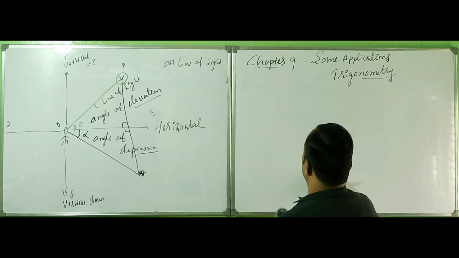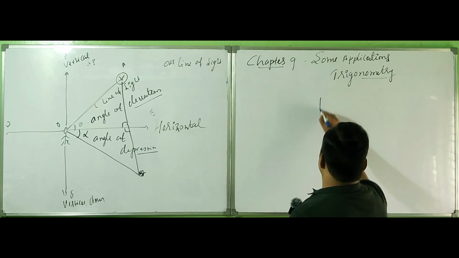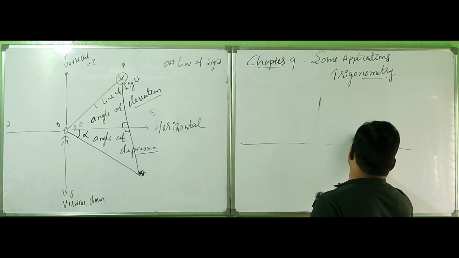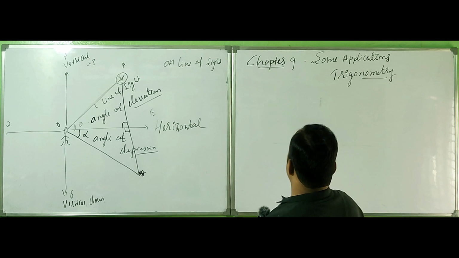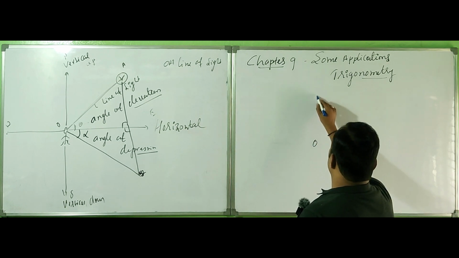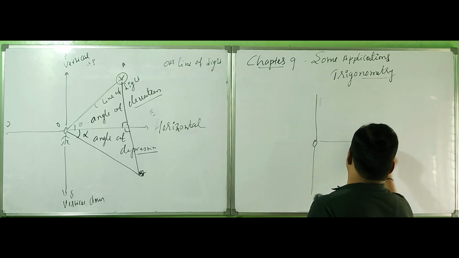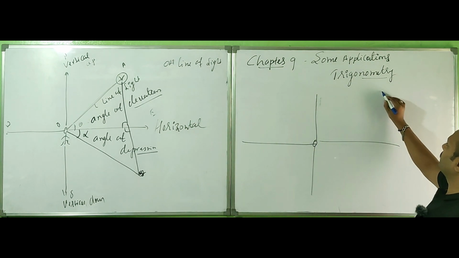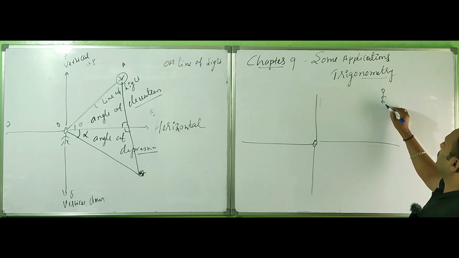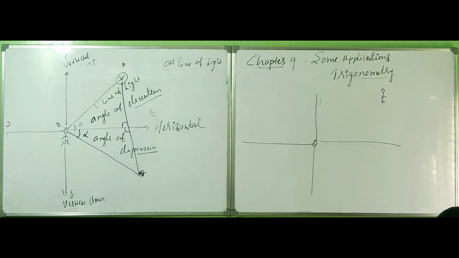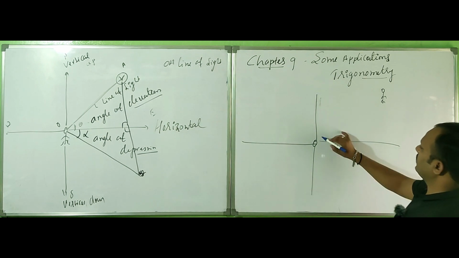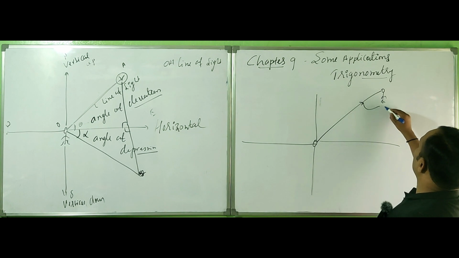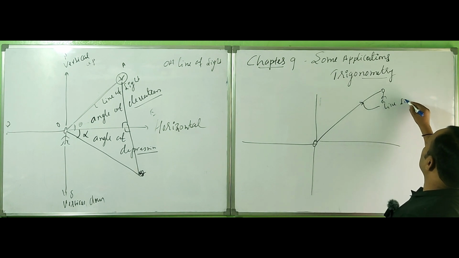If the object is here, and you are standing here, then this is called the line of sight.